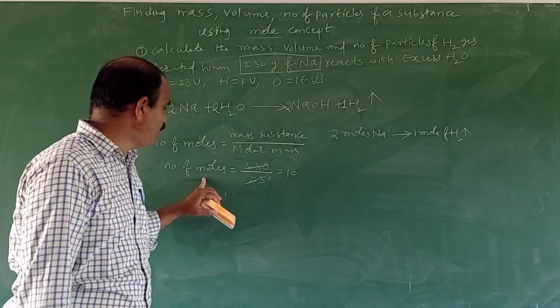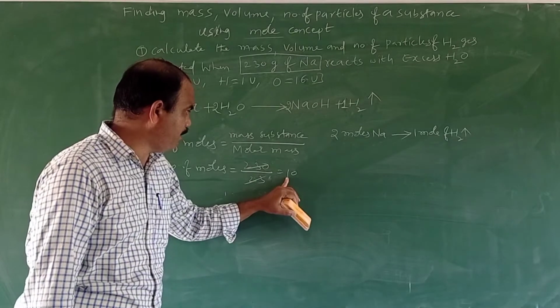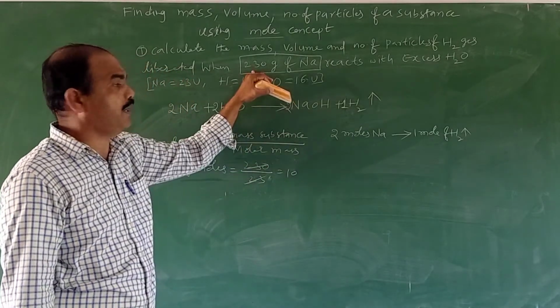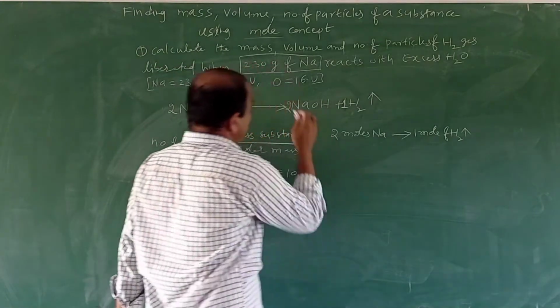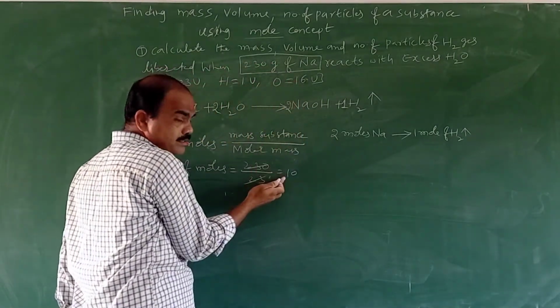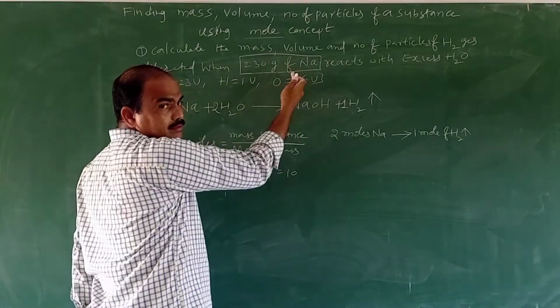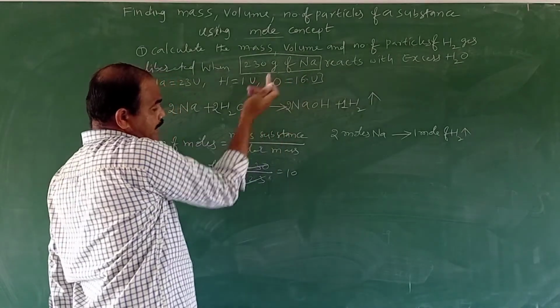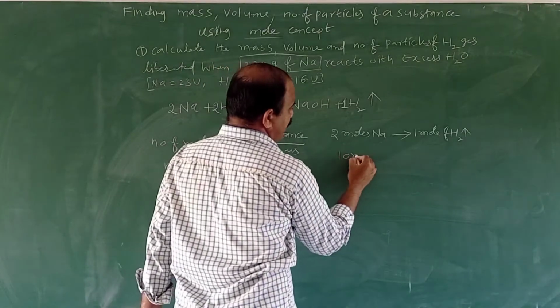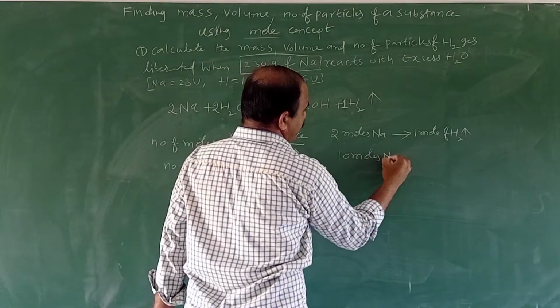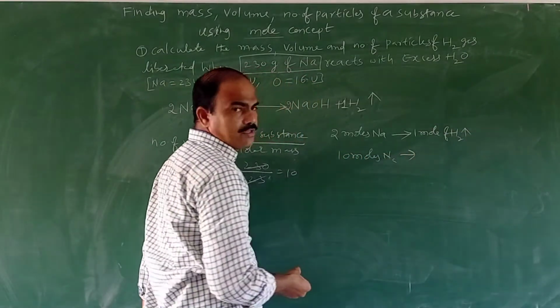But how many moles of sodium are participating now according to the question? 230, sorry, 230 grams. But how many moles? 230 grams of mass will be how many moles? 10. So 10 moles of sodium produces how many moles of hydrogen?